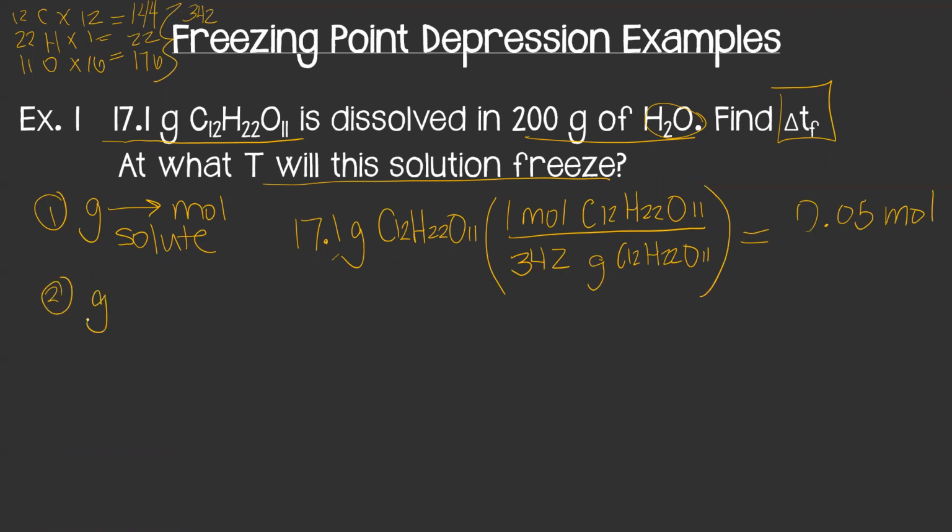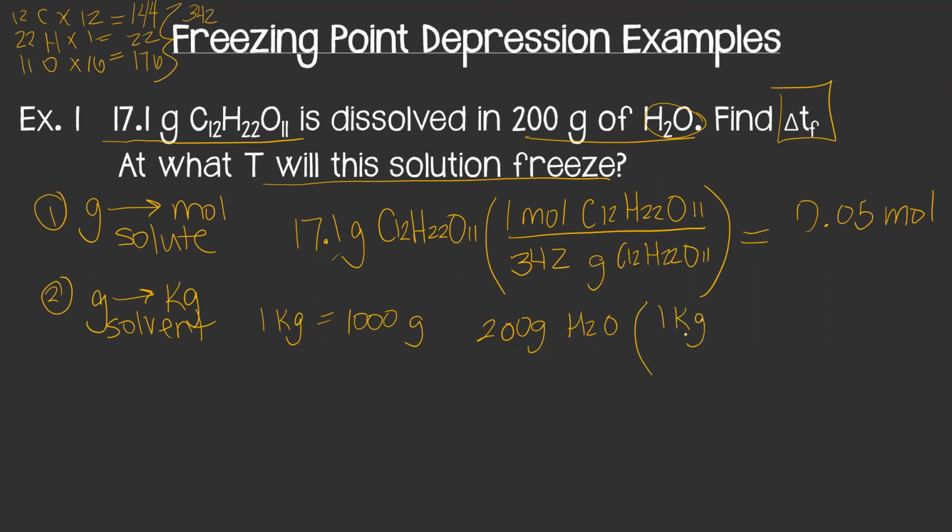Okay, second step. I need to convert grams to kilograms of solvent. That's my liquid. So this is water in this case. So I have 200 grams of water. I need to convert it to kilograms. So you need to know that 1 kilogram is equal to 1,000 grams. I'm converting it to kilograms.